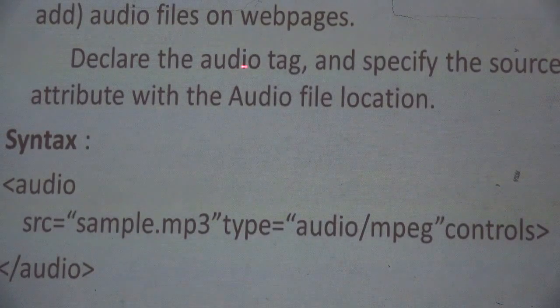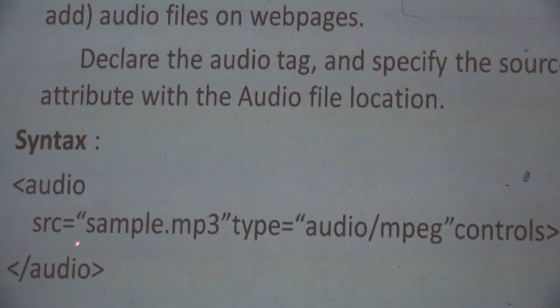Declare the audio tag and specify the source attribute to the audio file location. The syntax is given as audio src. We can write it on one line, but in the slides it is not taking the attribute in one line, so it is divided into two parts.